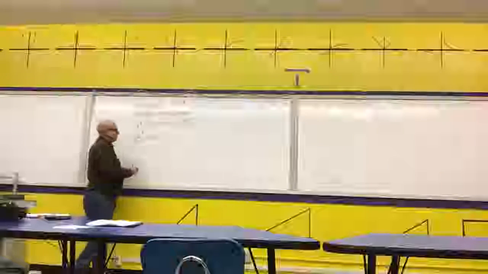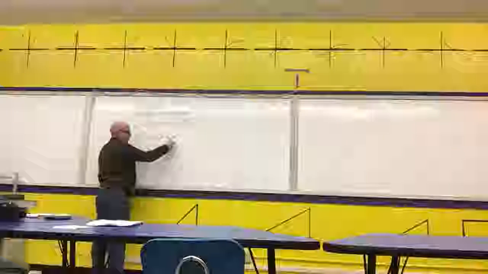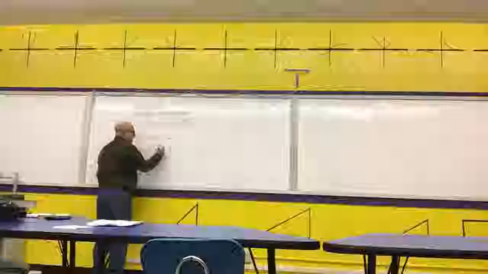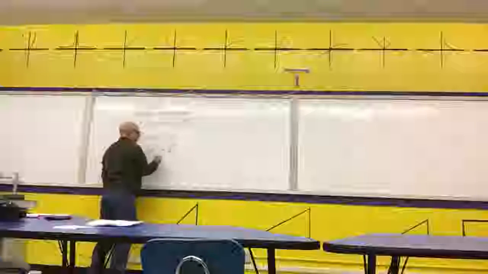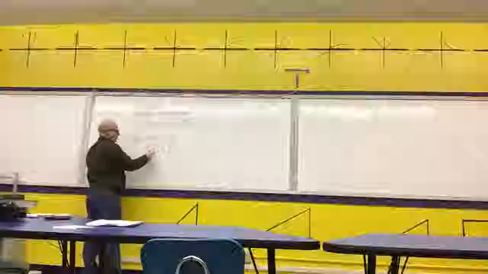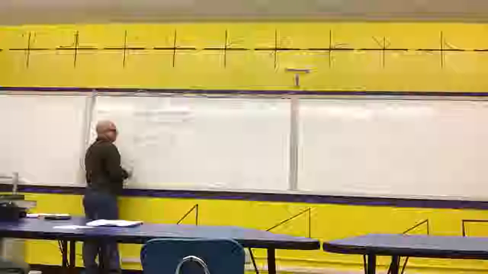X to the fourth is something squared. Well, what is it squared? It's x squared. What is the square root of 4? 2. Copy the sign, all squared. And let's see if this works. Well, 2 times 2 is 4, times x squared is 4x squared. So I do get the middle term.